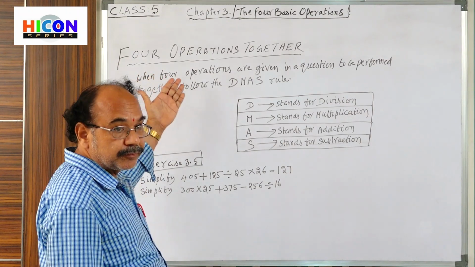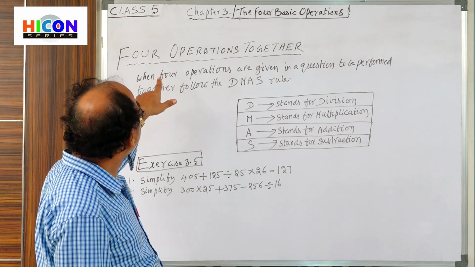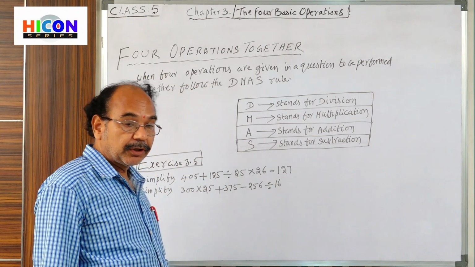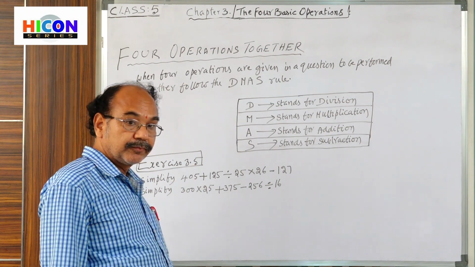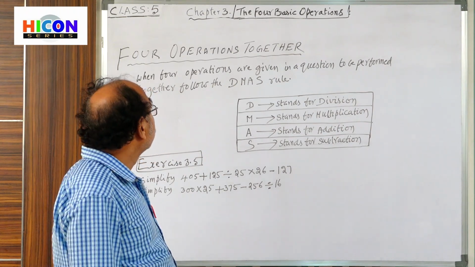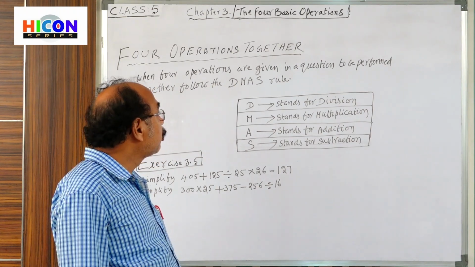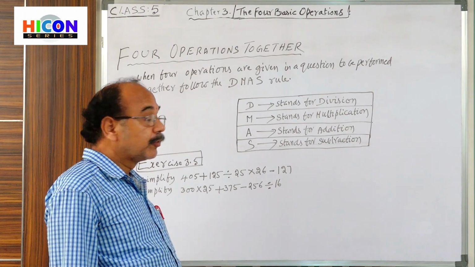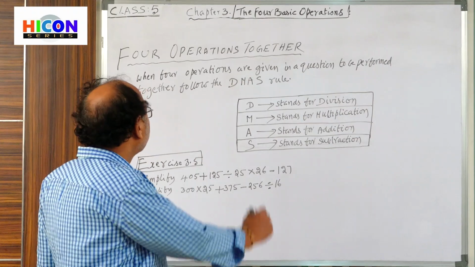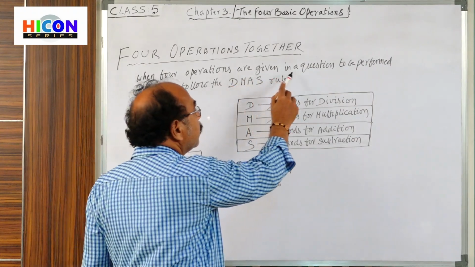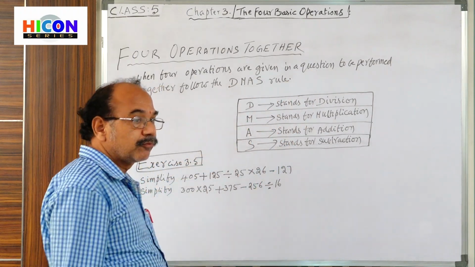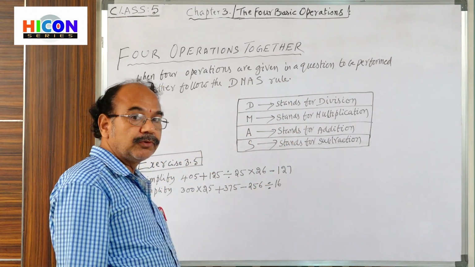In the next item, 4 operations together. What are the 4 operations? Addition, subtraction, multiplication, division. The 4 operations together. When 4 operations are given in a question to be performed together, follow the DMAS rule.